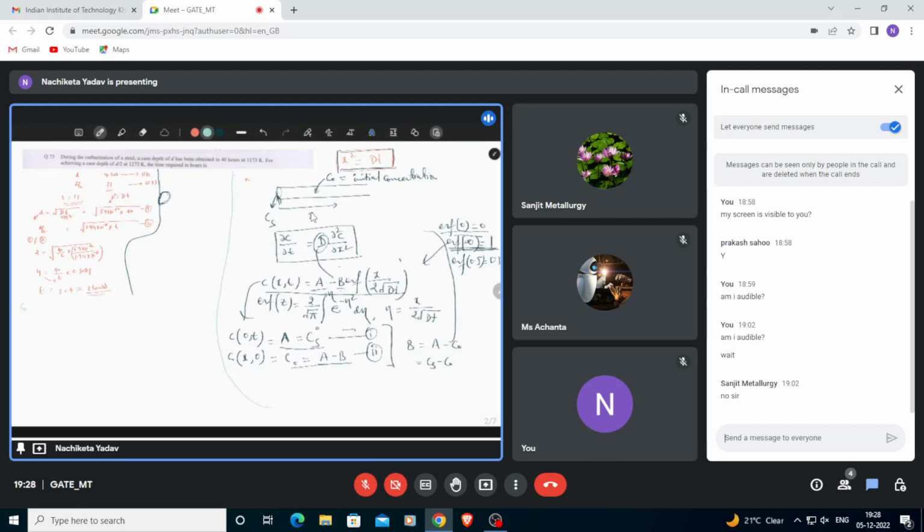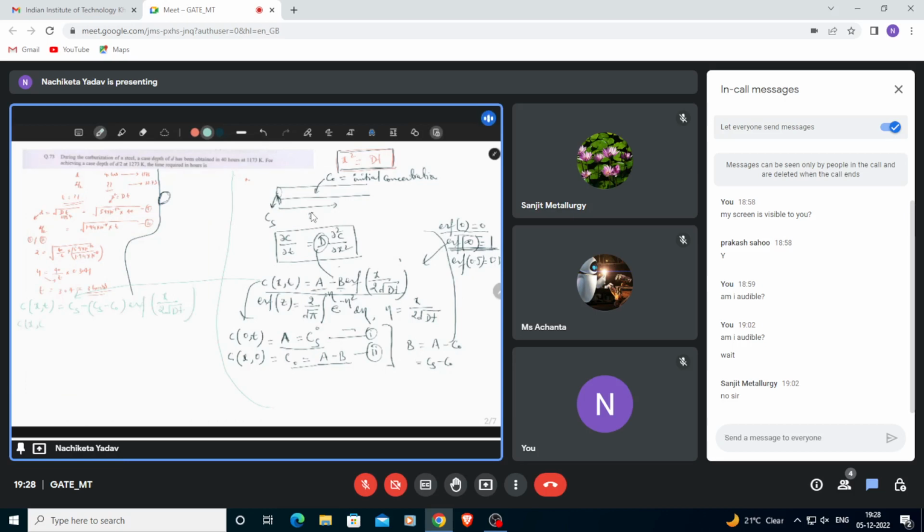And we know this. Here we simply write the values of A and B. The value of A is Cs and the value of B is Cs minus C naught, with error function x by 2 square root of Dt. So what will we do?